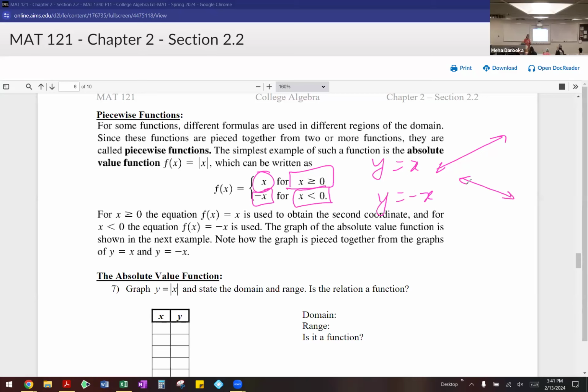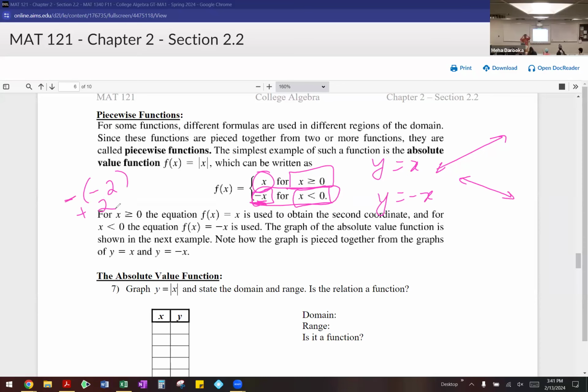But we know with absolute value, positive stays positive, negatives become positive, right? So think about the second half over here. If your x was negative to begin with, and then we put a negative in front of that, two negatives end up becoming positive, right? That's how the piecewise function is used in defining what an absolute value function looks like.